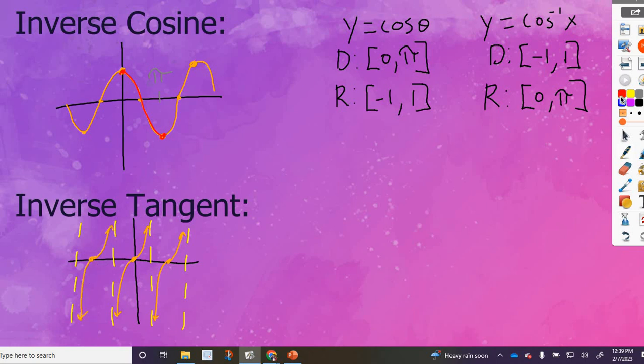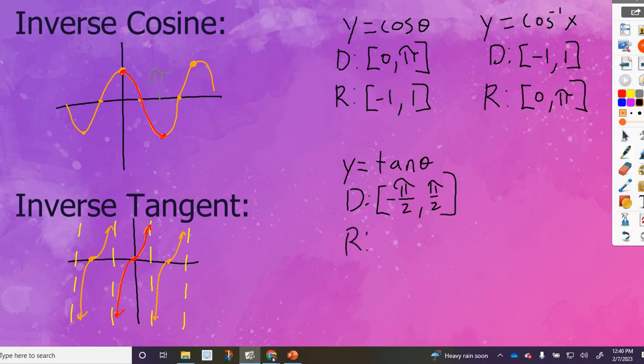So for our tangent, we just end up using this middle portion, which hopefully we recall is also from negative pi over 2 to pi over 2.